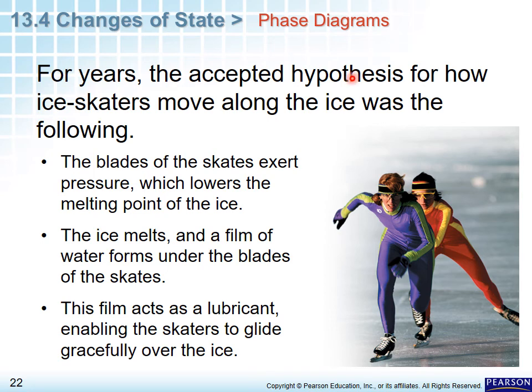For Earth, the accepted hypothesis for how ice skaters move along the ice was the following. The blades of the skates exert pressure, which lowers the melting point of the ice, so the ice melts, and a film of water forms under the blade of the skate. This film acts as a lubricant, enabling the skaters to glide gracefully over the ice.